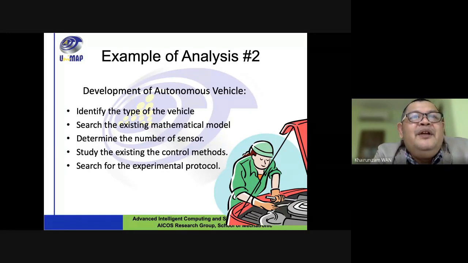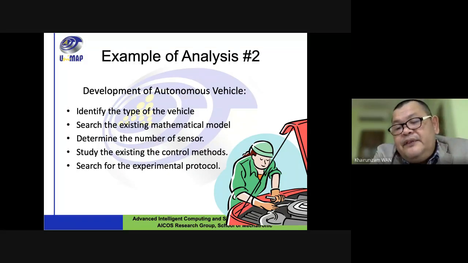You must know the existing mathematical model of the vehicle because there are so many models of the autonomous vehicle. Then determine the number of sensors used. Next, study the existing control method. The last one is to search for the experimental protocol. So this is an example of the analysis.